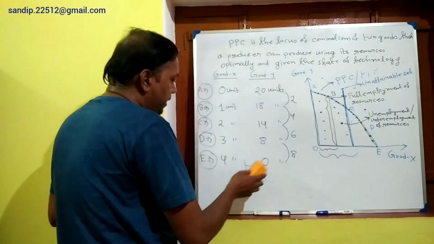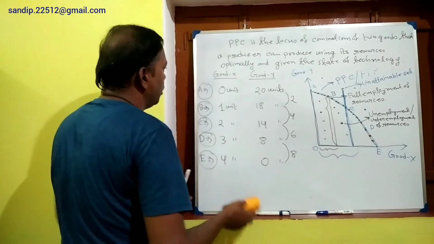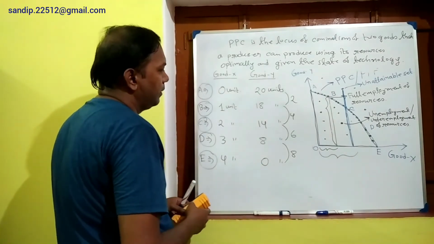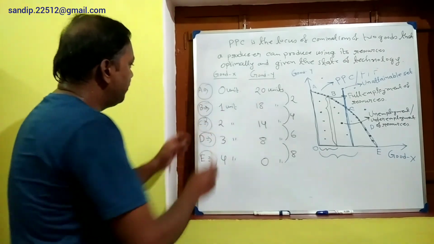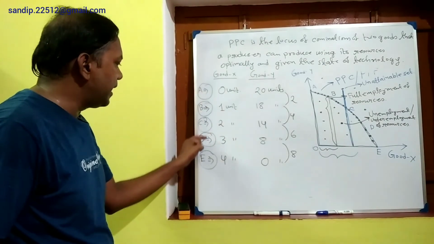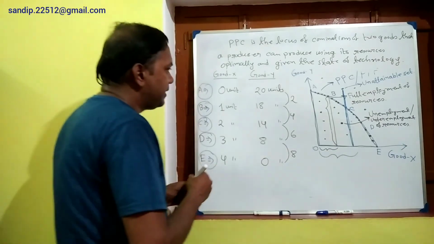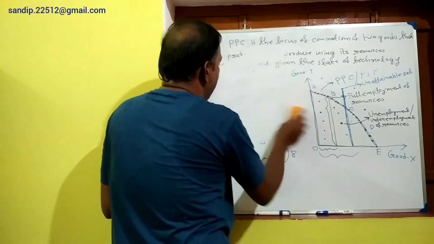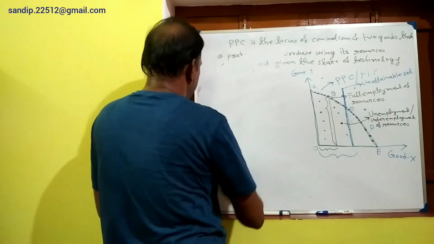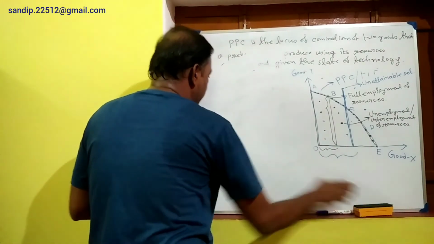Now here is another thing you should note. As I have taken 5 combinations, our PPC came out like this.